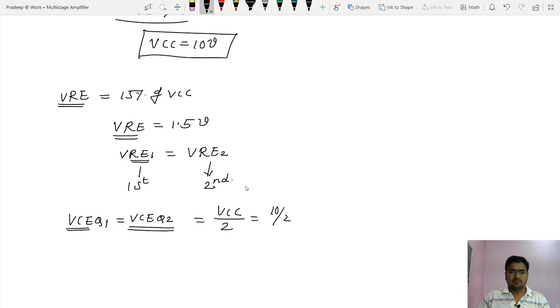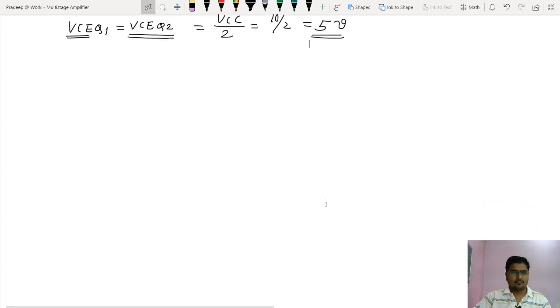So 10 by 2, it means it will be 5 for both the stages. So that's what I am fixing: VRE, VCEQ and VCC for both the stages. Those are the common things I have calculated. Now after that I have to calculate resistor RC1 for first stage, RC2 for second stage, R1, R2 for first stage, R3, R4 for second stage. Like this, step by step we'll go ahead.